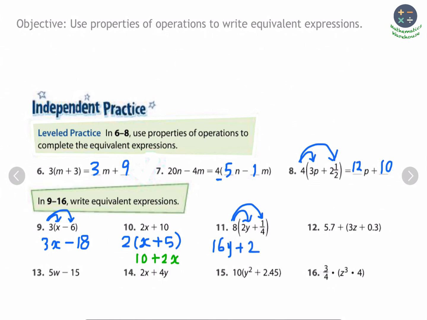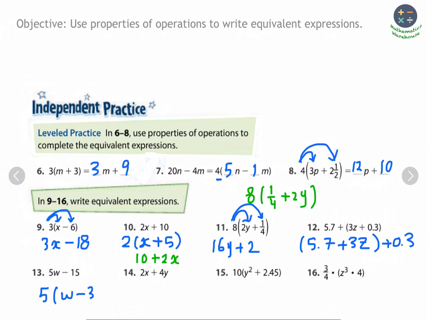Or also you can write this as 8 times 1 over 4 plus 2y, using the commutative property. At number 12, you have 3 terms, associative property, so it would be 5.7 plus the bracket 3z plus 0.3. At number 13, take 5 as a common factor using the distributive property, so it would be 5 times the bracket w minus 3.